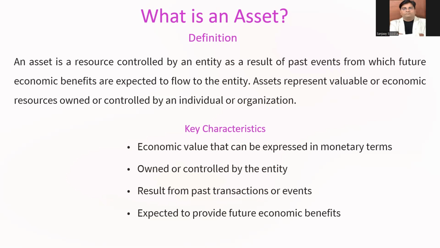That means the asset we are purchasing today, for example, a shop, is so that we can start our business from that shop in future. So assets are expected to provide future economic benefits.